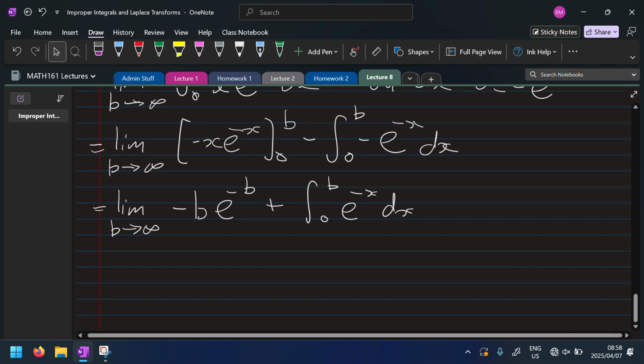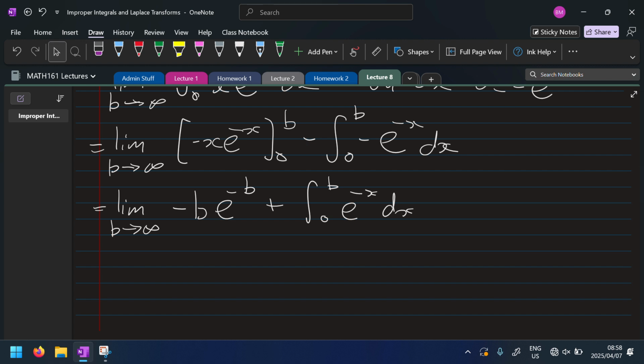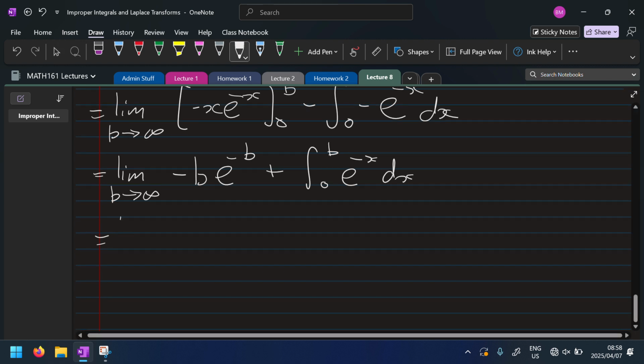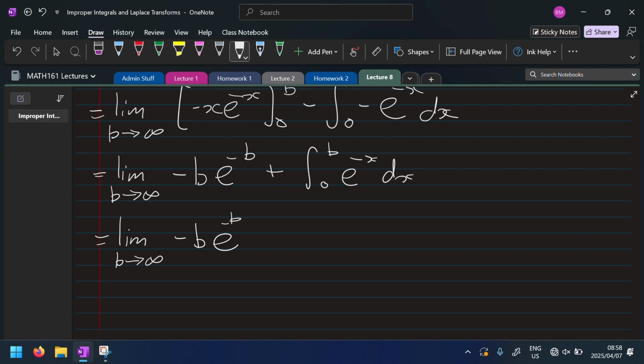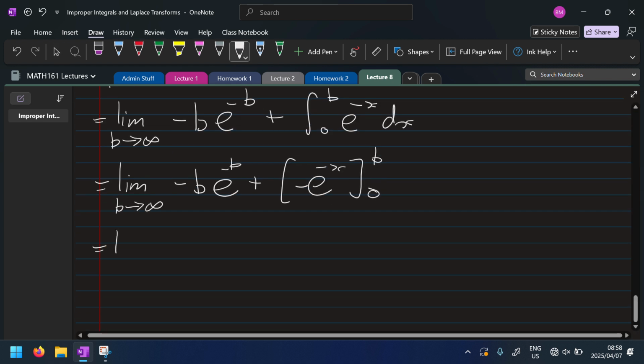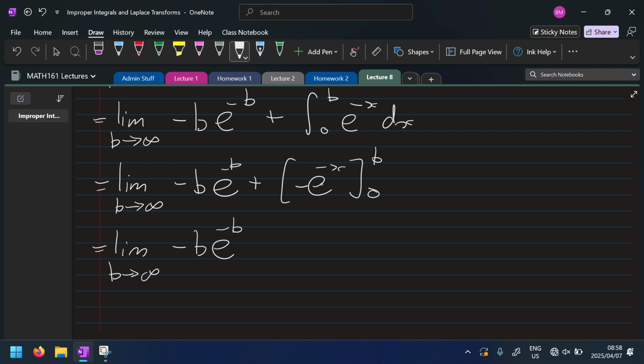Now we just need to do this integral, and then we've got everything in terms of b, and then we take the limit. So this will be the limit, b goes to infinity, of minus b e to the minus b, plus, and then we're going to have a minus e to the minus x, like before, from 0 to b. Substitute, and we're going to end up with the limit as b goes to infinity of minus b e to the minus b. Then we're going to have a minus from there, e to the minus b, and then a minus minus, so a plus 1.